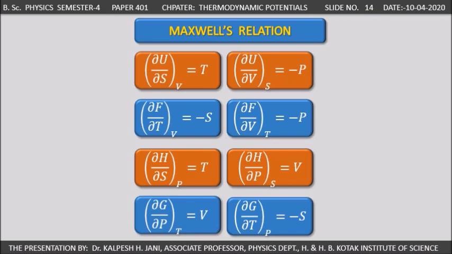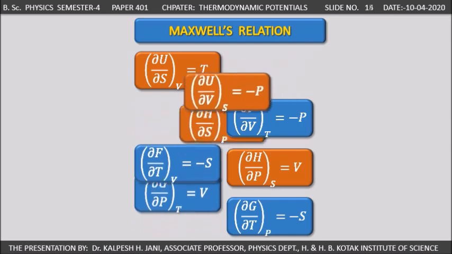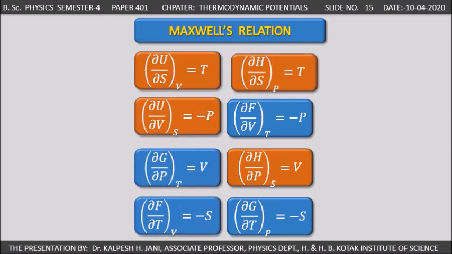So as you can see here, there are this many relations which can be shown for the thermodynamic entities, which can be shown as a derivative of the thermodynamic potentials. Now let us first sort it out a little bit. So okay, now we have sorted them out.